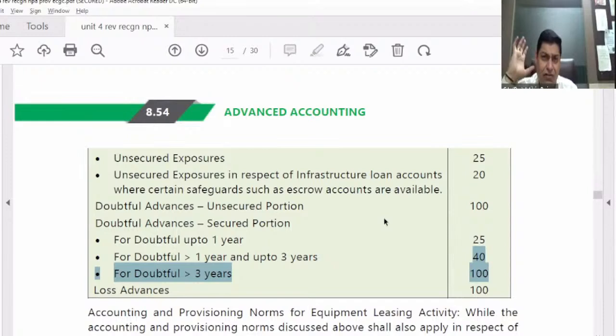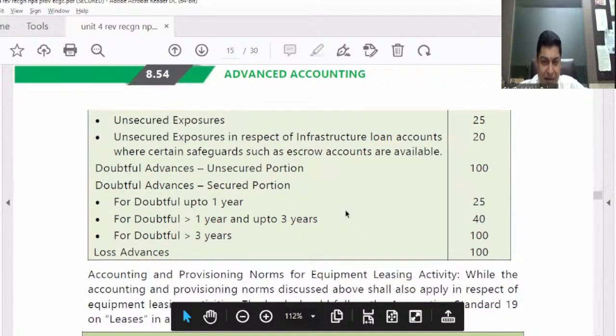If it is doubtful, no security, unsecured, 100%. If it is doubtful but we have security, then period-wise, for the first year, it is 25%. 1 to 3 years, it is 40%. If doubtful more than 3 years, then it is 100%. And in case of loss advances, it is also 100%.